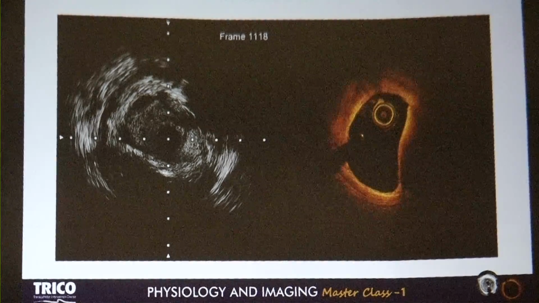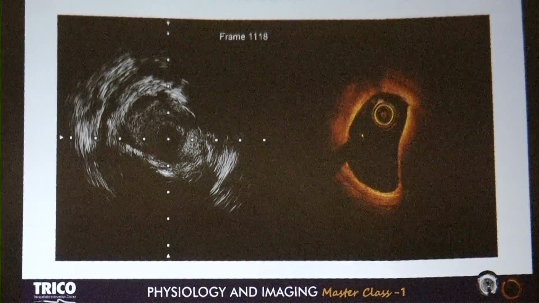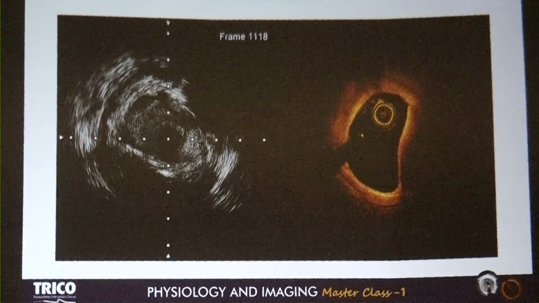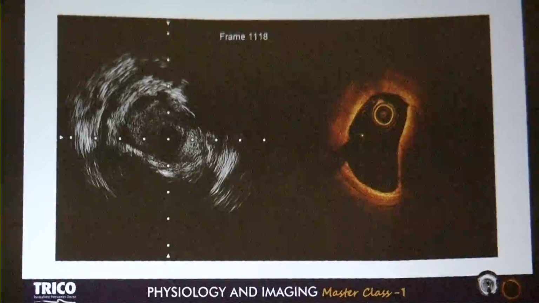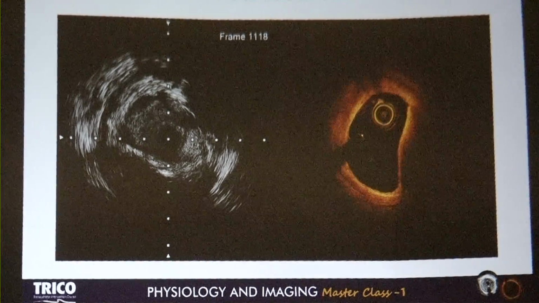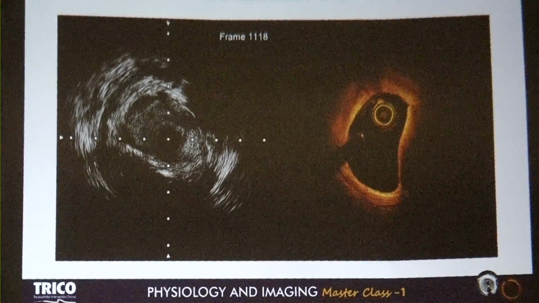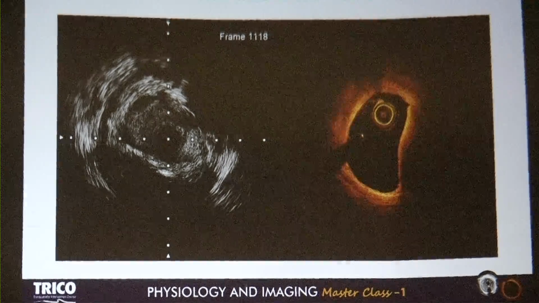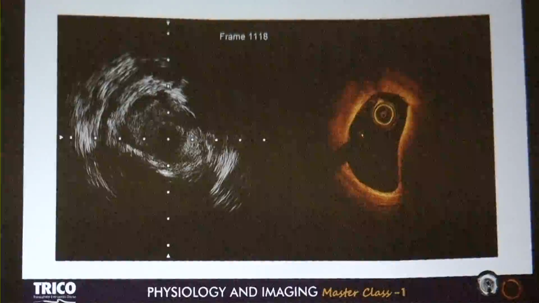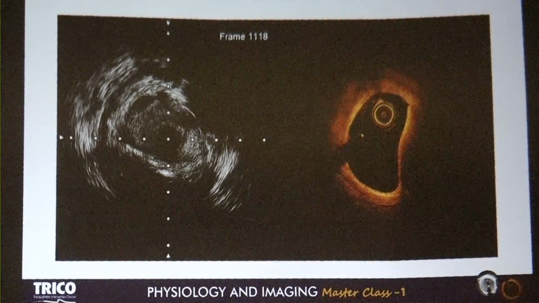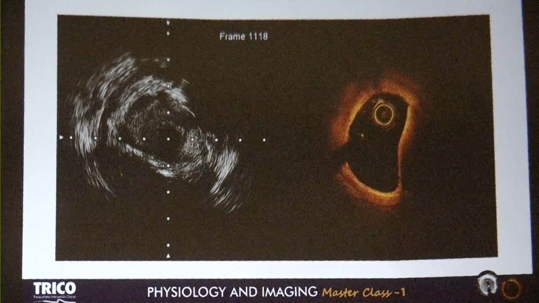At that time it might be very difficult to identify whether this is TCFA or not. If the beam is perpendicular, because it is bulging like this, you think there is a hematoma behind. If it is straight, you think of TCFA.